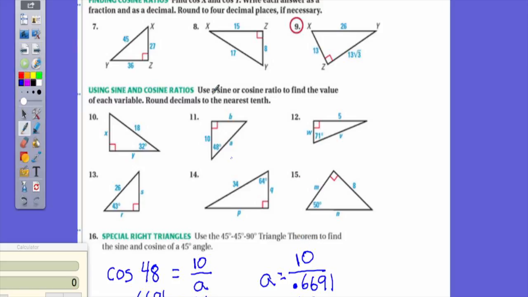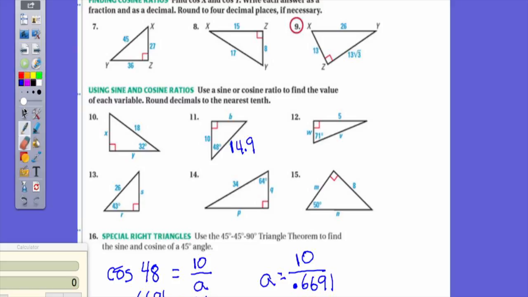No, you did it backwards. It's 14.945. So A is 14.9. You can't have a hypotenuse shorter than a leg, so that's okay.